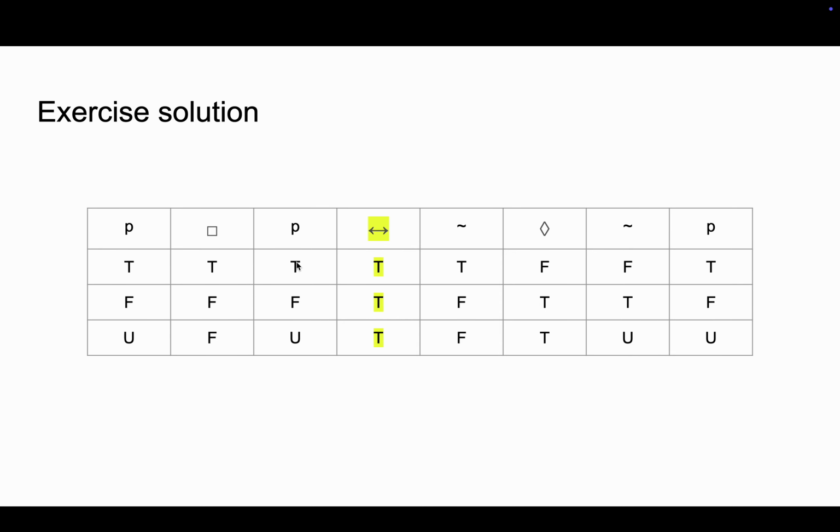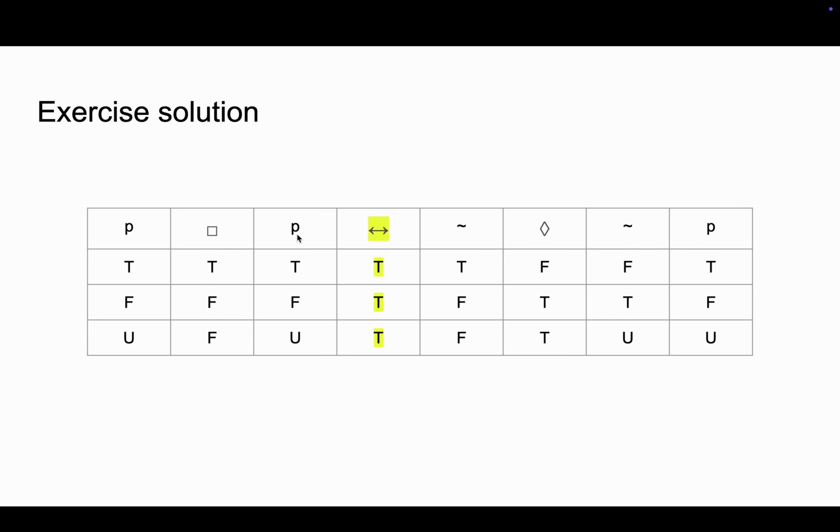TFU, I'll copy it. P is TFU and P is TFU. And then for every symbol to the left of P or to the right of P, depending on the order of logical operation, I will apply the symbol onto P and derive the result.